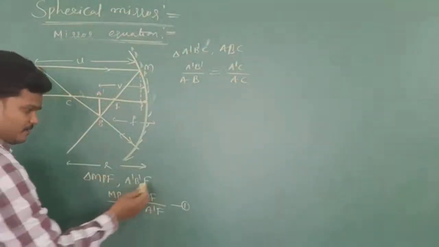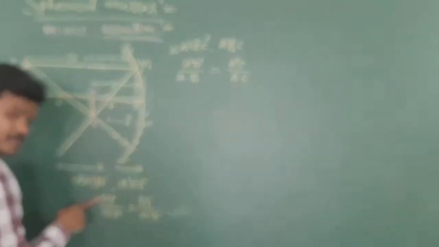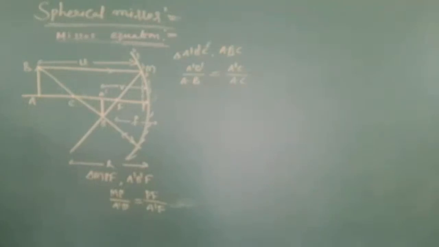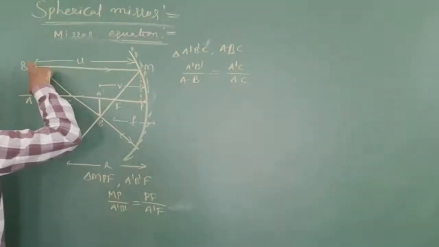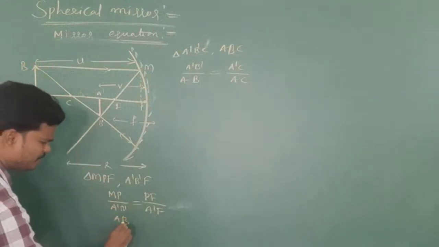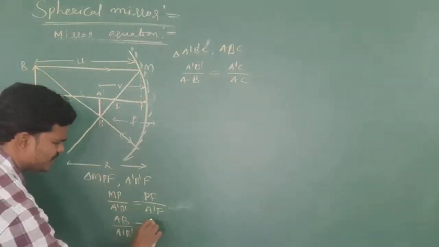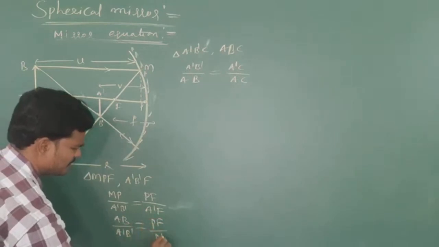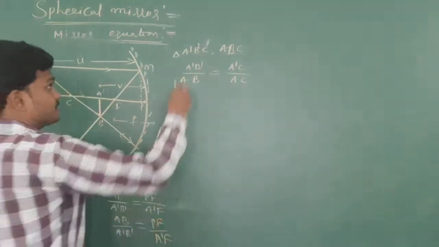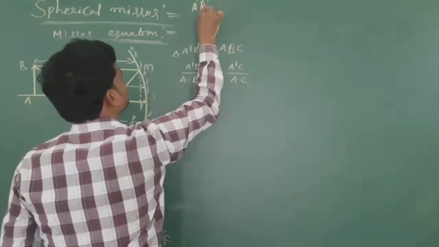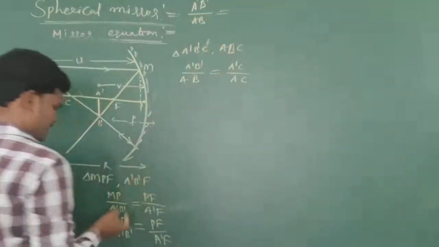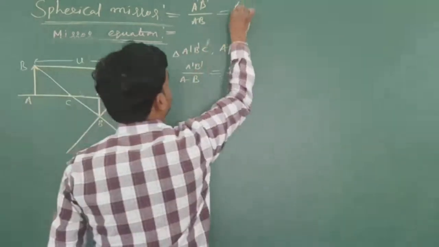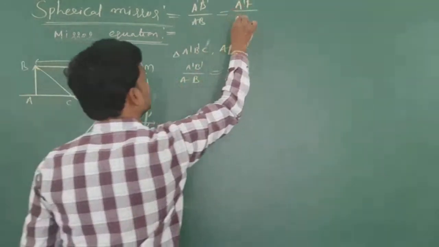Here from the first equation we can write like this: MP is approximately equal to AB, so we can write AB by A dash B dash equals PF by A dash F. Let me write it in reverse: A dash B dash by AB is equivalent to A dash F by PF.